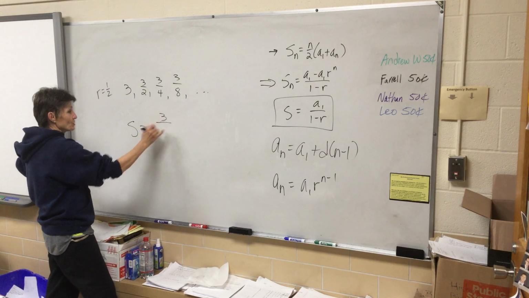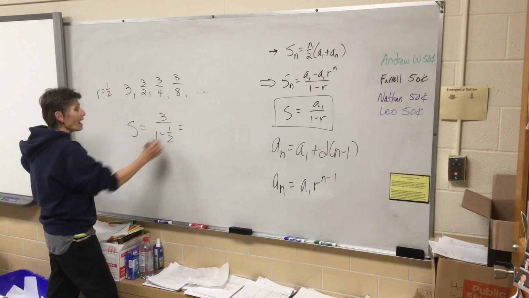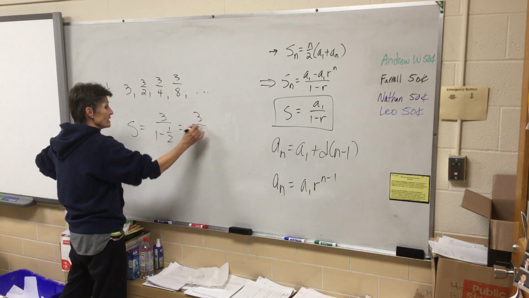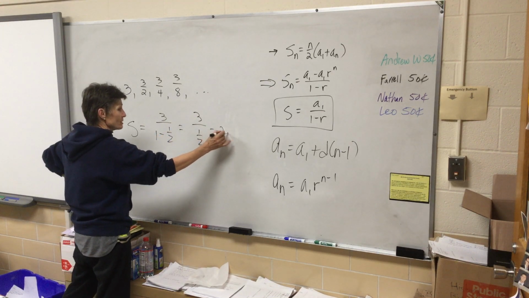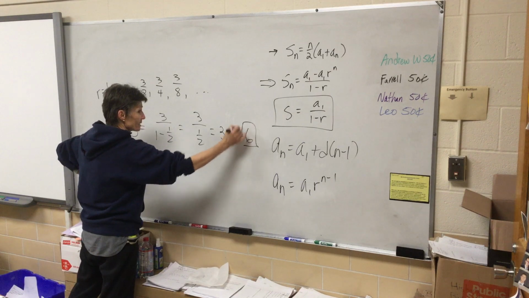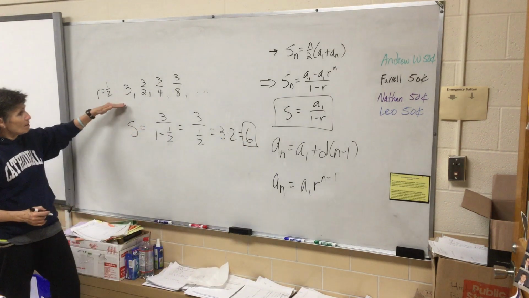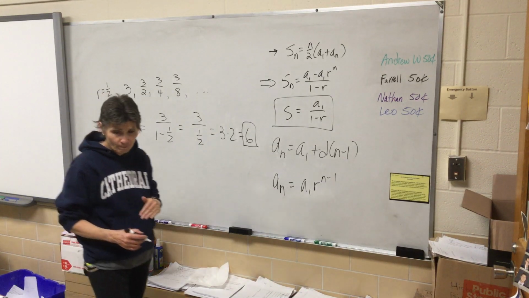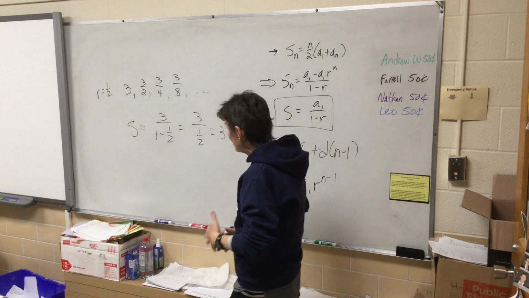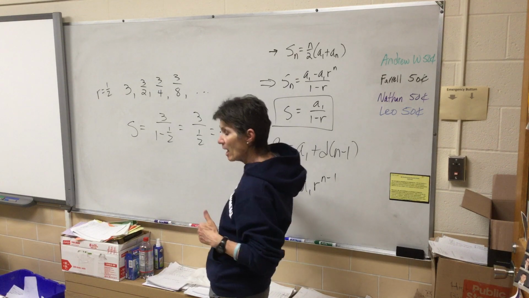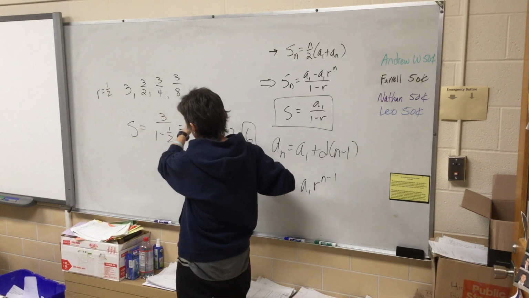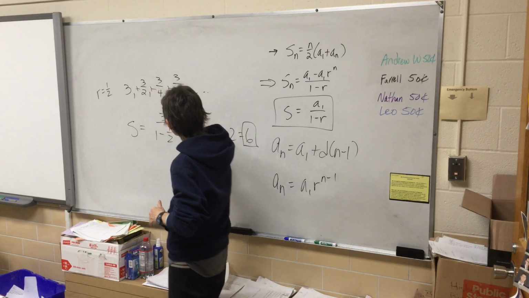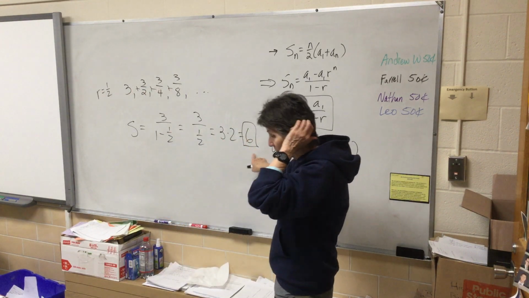The first term is 3 and the ratio is 1/2. So that's 3 over 1/2, which is 3 times 2, or 6. So the sum of these terms, if you kept going forever and ever, their limit is 6. The sum, not the limit of the terms, but the limit of the sum. If you added all these up, the sum would be 6.